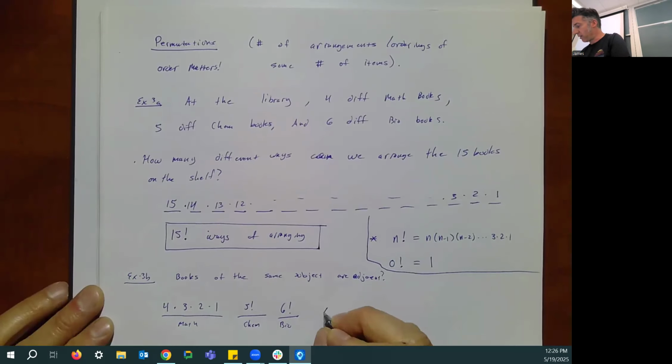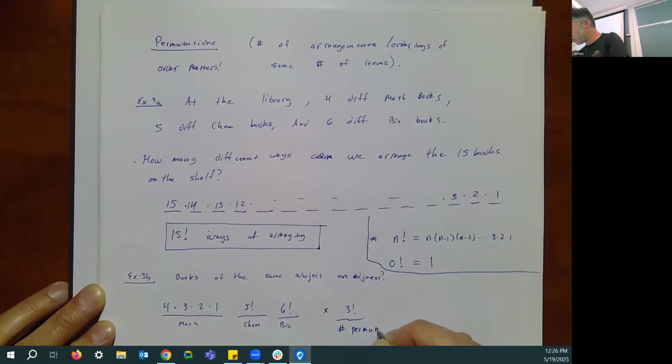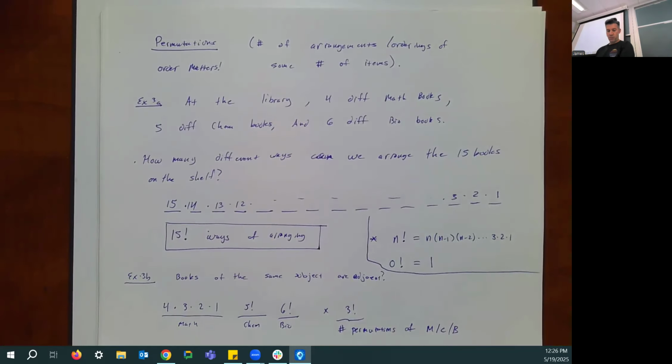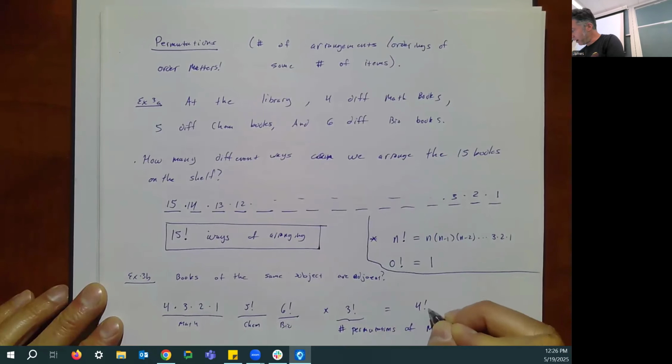So we have to multiply by 3 factorial. This is the number of permutations, orderings, arrangements of the subjects, math, chem, and bio. So that's our final answer: 4 factorial times 5 factorial times 6 factorial times 3 factorial.